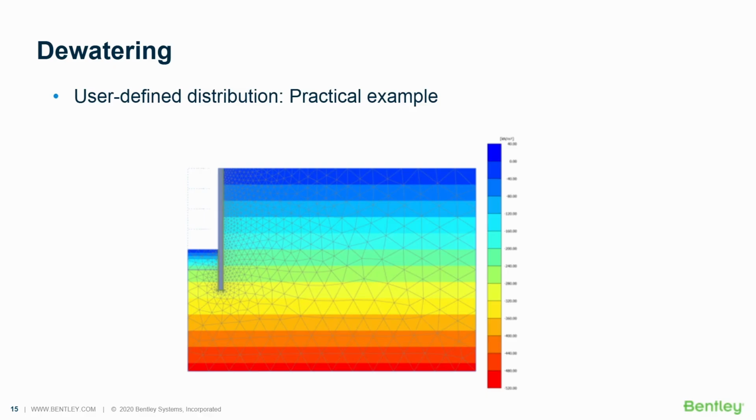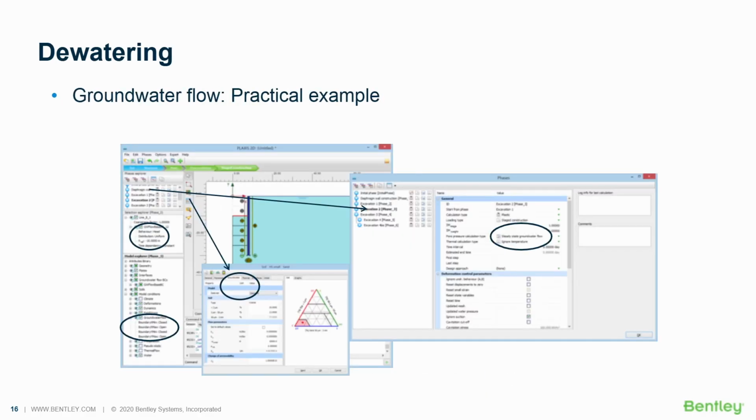So by using this method, you need to have a clear idea of what the water level is going to look like and how the water distribution will be in your model. If you do not have any clear idea, then we may recommend to use groundwater flow.